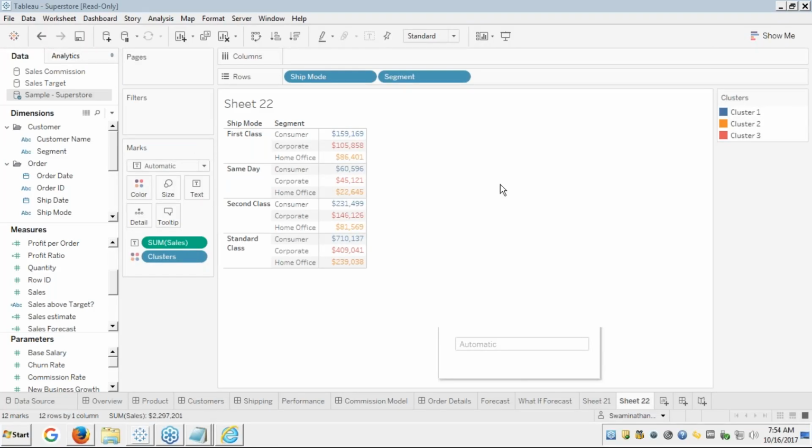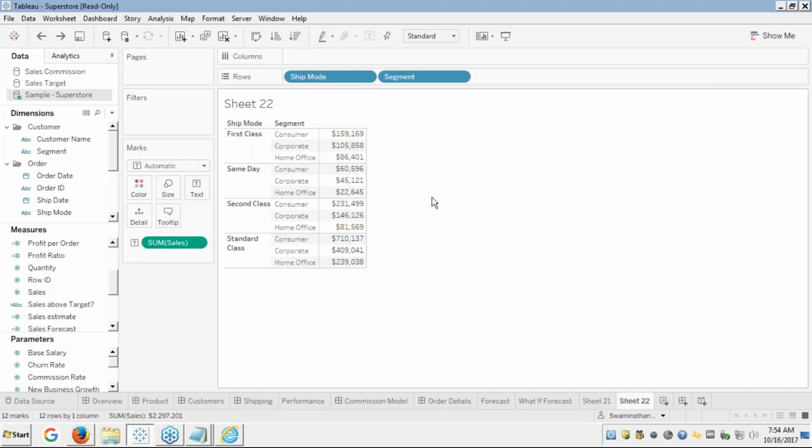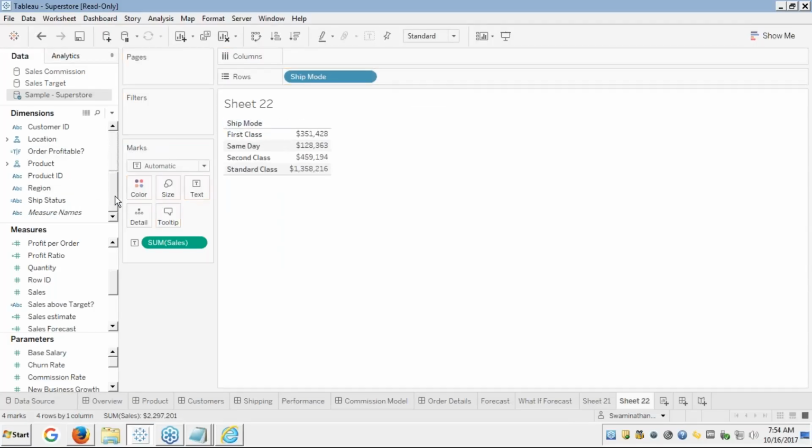Sure, Jayashree, I can repeat that once again. So here, friends, first the data has to be in an appropriate format in order to create a cluster for us. So what I did, I just took my shipment mode, the segment, and this data. So instead of segment, let me take even more details which have a large amount of data.